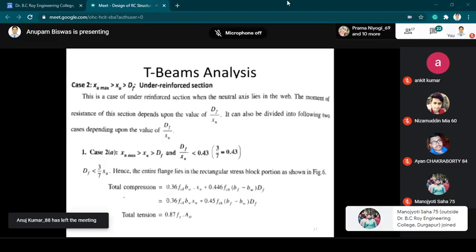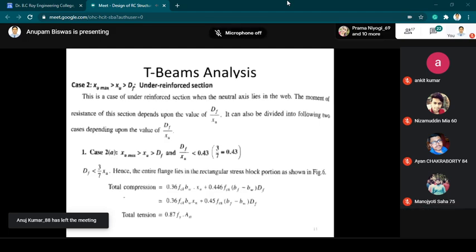For this, we have to consider the value of Df. The entire flange portion will be lying within the stress block.